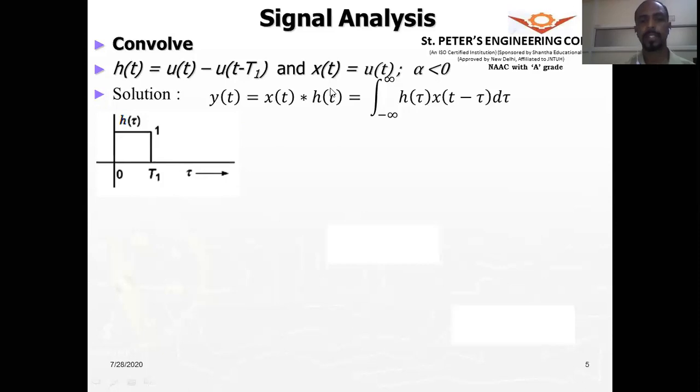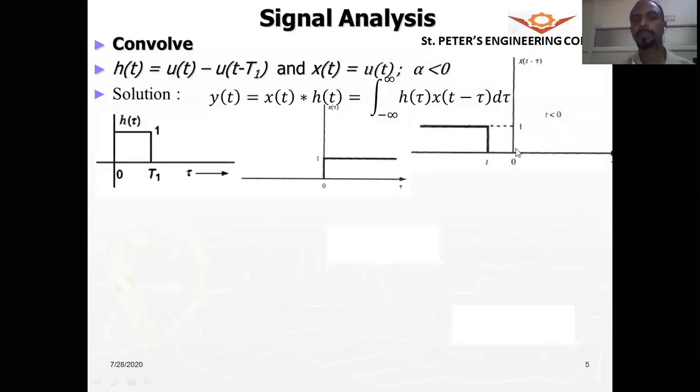Now let us see how x of tau looks. It's the same as the previous example. It starts at 0 and goes on up to infinity. In this problem again we will take x of t minus tau. That means we take x of tau, then we obtain x of minus tau by reflecting it, and then shift x of minus tau by t units.